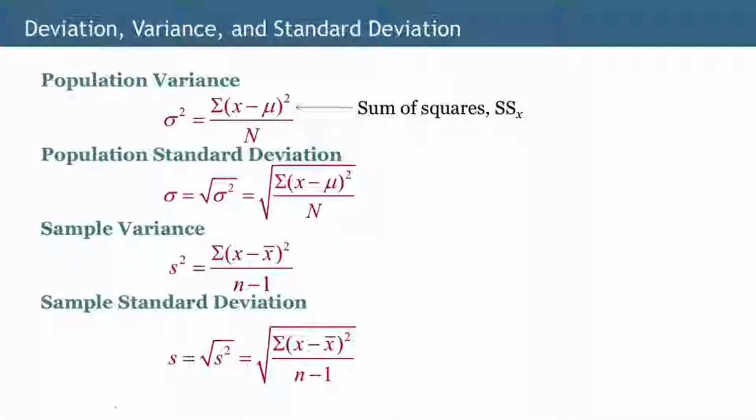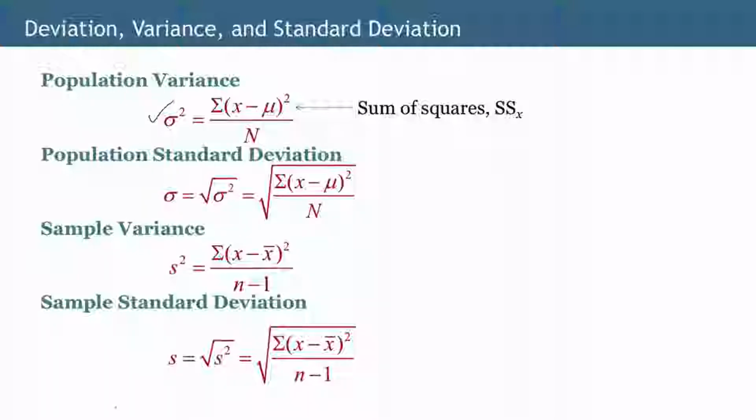And so when you do this formula, some new symbols, by the way. This symbol here is sigma, so that's lowercase sigma. So sigma squared is what we call the population variance.